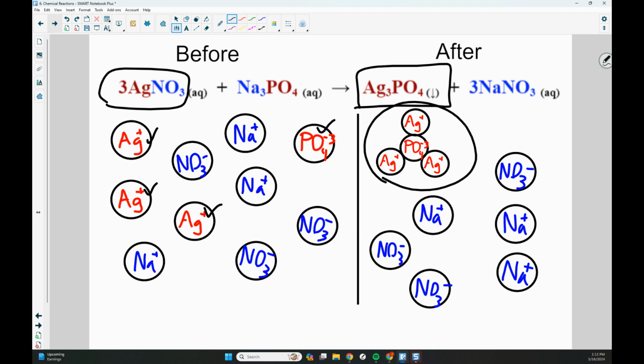Did any of the blue parts up here actually do anything? No, they just remained separate because they were aqueous on the left and they're aqueous on the right, and so they didn't actually do anything. We're going to call those spectator ions. It's like a spectator at a sporting event. They're not participating, they're just watching. Only the red ones up here participate, and the red ones are going to give us our net ionic equation.